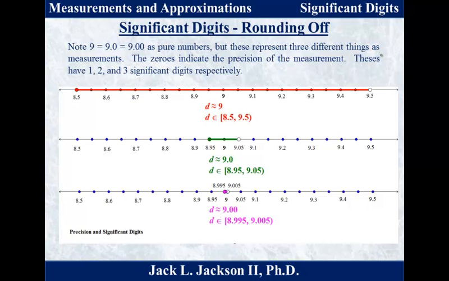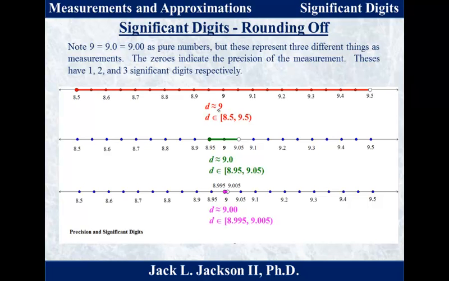Now think about this a minute. How far could the true measurement be off? Well, the worst case scenario is if it's all the way at the left end or almost all the way to the right end of the interval. So let's say we take the left end at 8.5, and we've said the measurement is 9, we could be off by as much as 0.5, whatever our units are. So let's say this is miles.